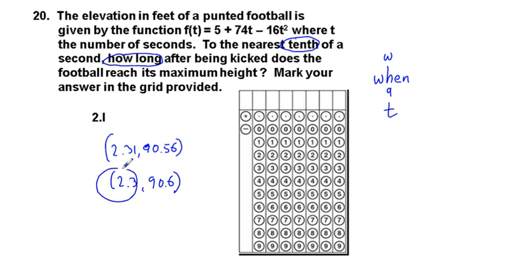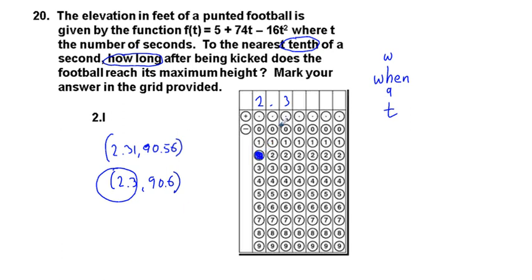Okay, the 90.6. Have you ever kicked a ball and it's been 90.6 seconds in the air? No, no. Try to look at these problems. They attempt to make these more or less real world realistic. So just look for that.